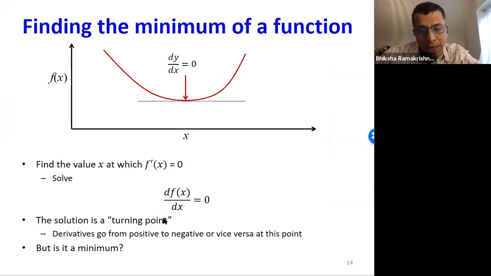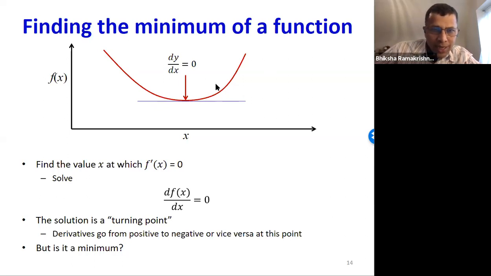Now, you all recall how we computed the minima of functions in school. You had some function. Now, the property of a minimum was that as you walked away from the location of the minimum, the function always had to increase, otherwise it's not a minimum. So on one side, as you approach this x, the function is always decreasing.